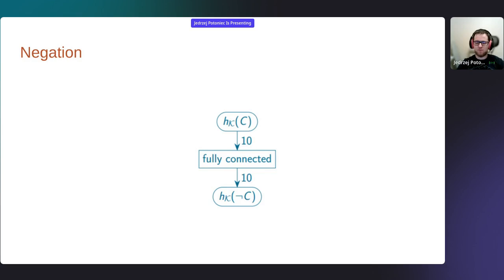So the vectors consist of 10 numbers. Those embeddings are quite small, but the knowledge bases we used were also relatively small, compared, for example, with text corpora.